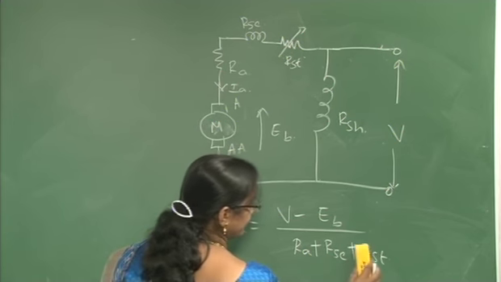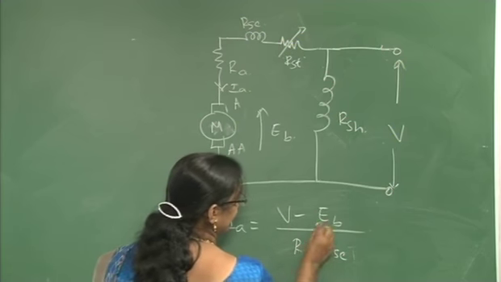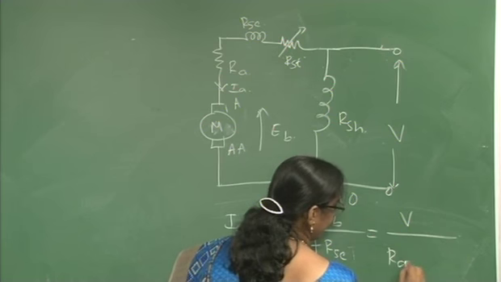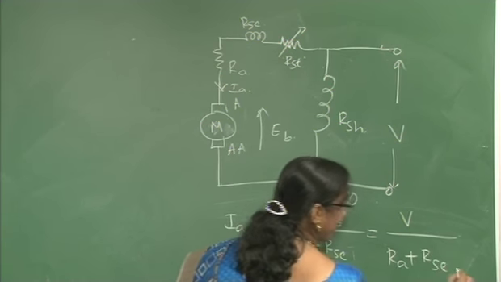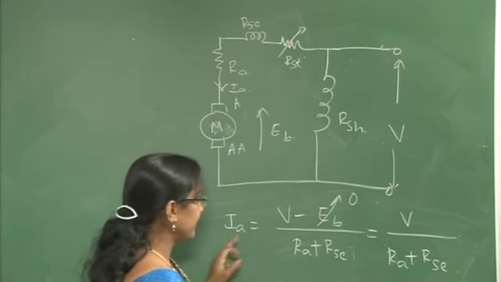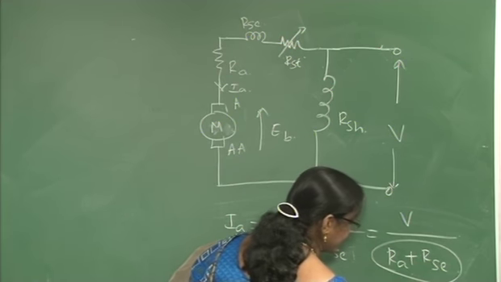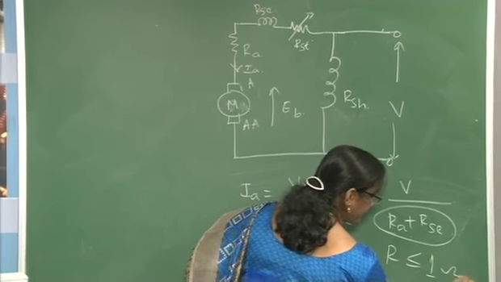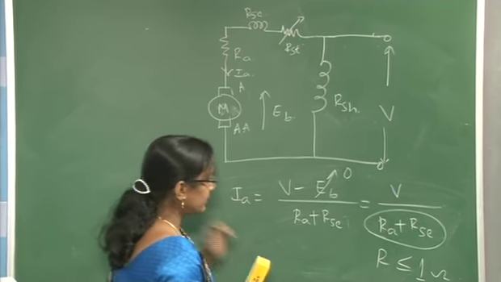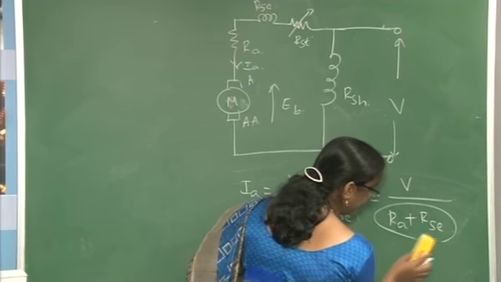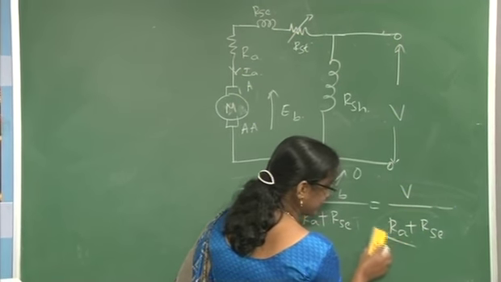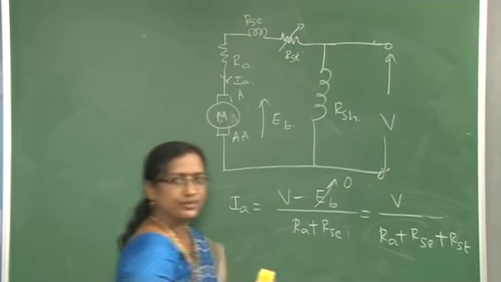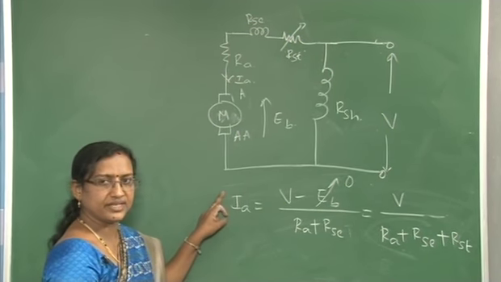If you are not including this at the starting, since EB is equal to 0, this is V divided by RA plus RSC. So, there will be an inrush of current because the total resistance is almost equal to or less than 1 ohm. So, that is why you include a large value of resistance in series with this, that is RST, to reduce the inrush of current at the starting.